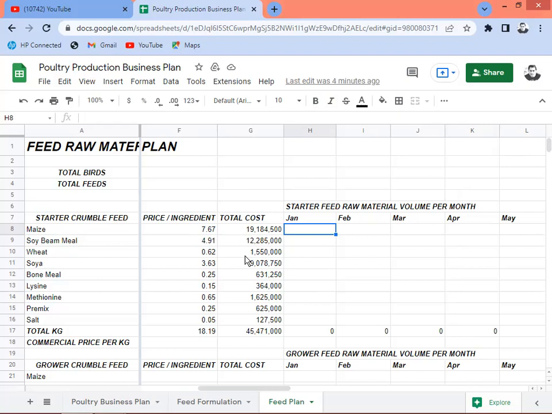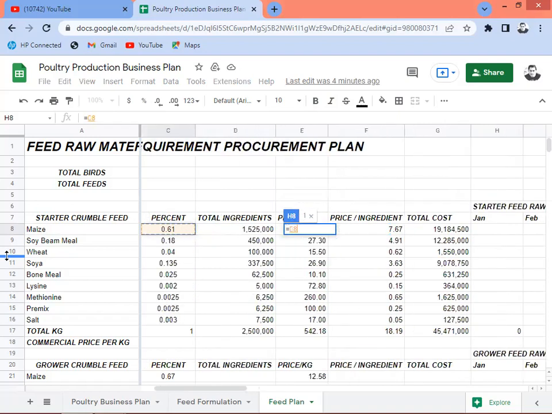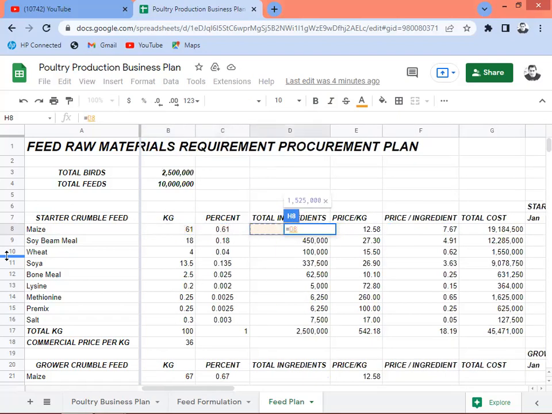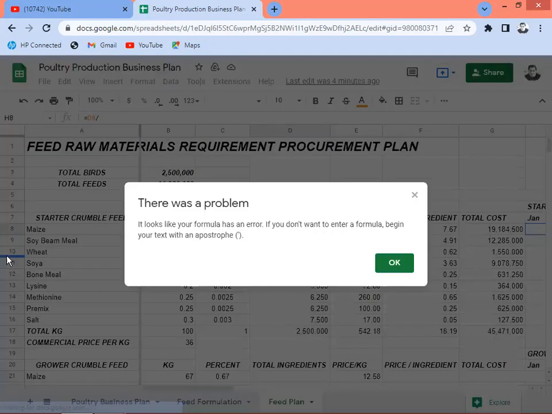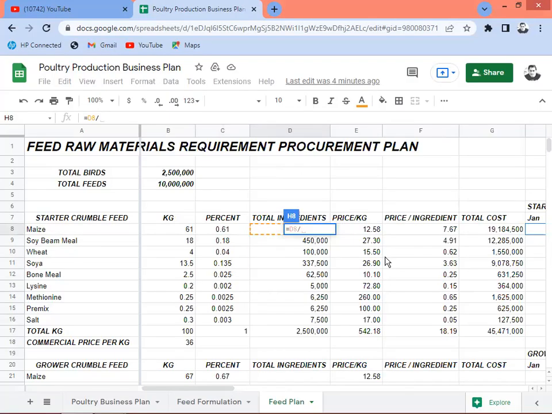Most of the companies are doing a monthly financial budget, so knowing the volume is very important for us to come up with our monthly financial budget. It's easy. You just get the total ingredient, then divide it by 12 months. Okay, there was a problem. What's that? Maybe, okay, 12 months.